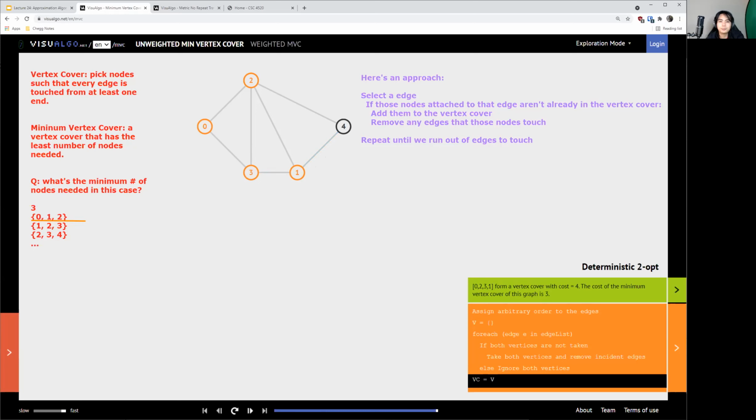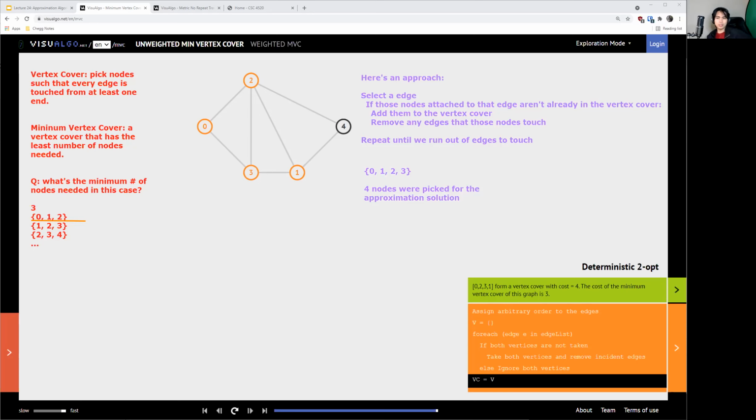In this case, we picked the nodes 0, 1, 2, and 3. In other words, the approximation algorithm gave me 4 nodes, which isn't bad.